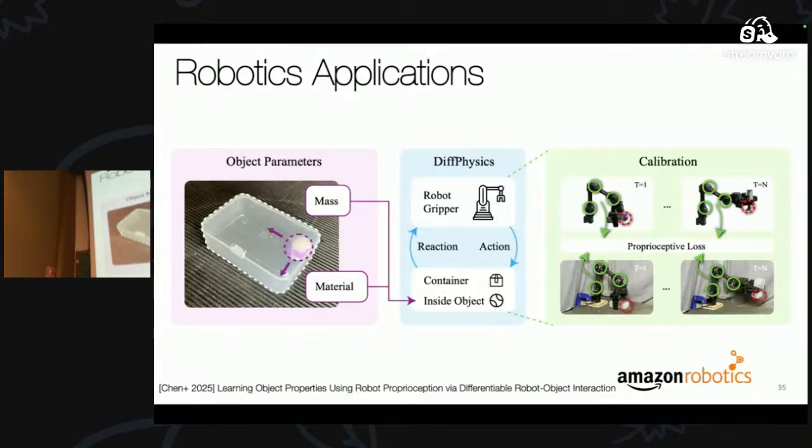It's another type of signal, but the same approach, based on the signal. As a human, I know if I pick this thing up that it's heavier than this, because my muscle feels it, my joint feels it. That's the idea here.